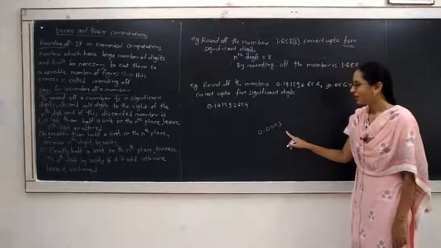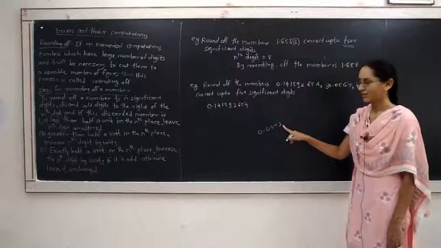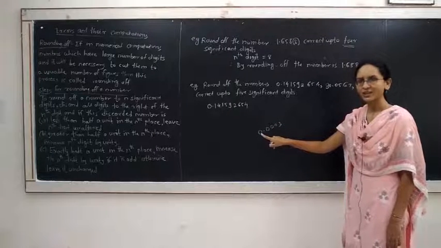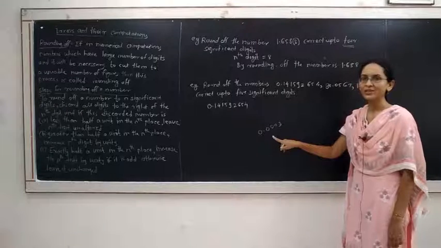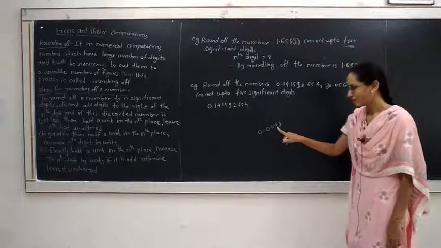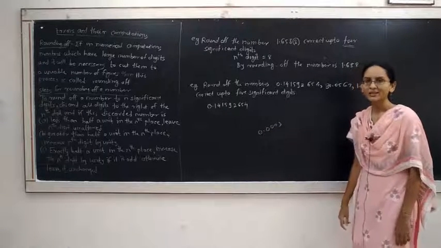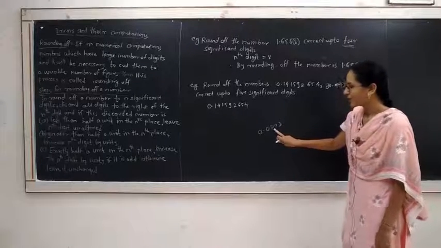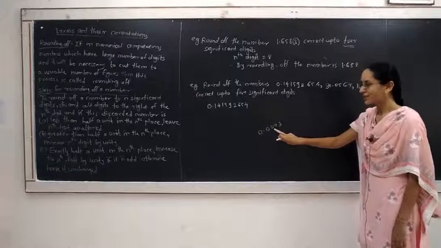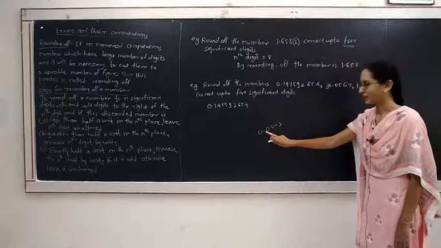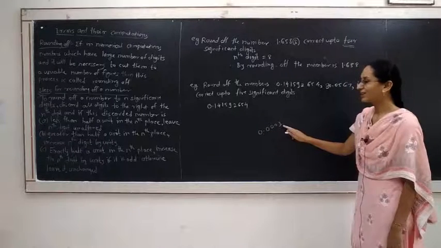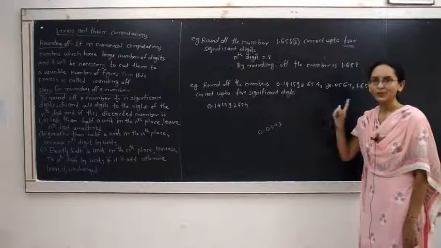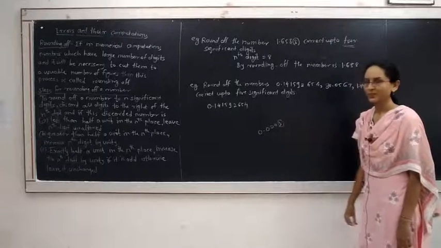In this number, there is only one significant digit, given by 3, because these 4 zeros do not come under the significant figures or significant digits. These zeros only represent the position of the decimal point. Hence, the number of significant digits in this number is only one, namely 3.